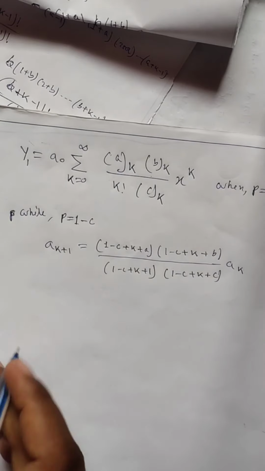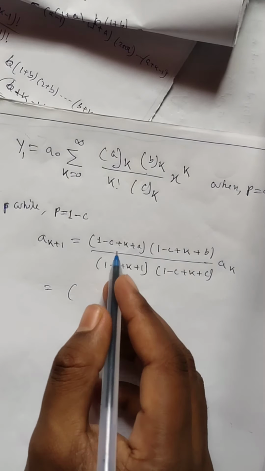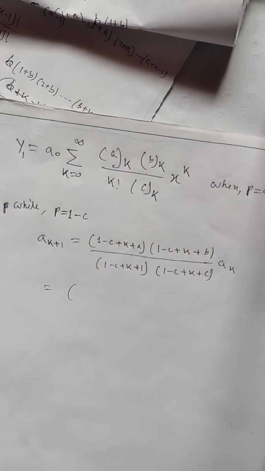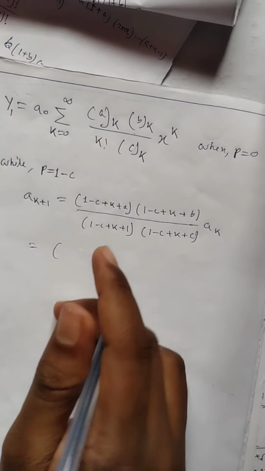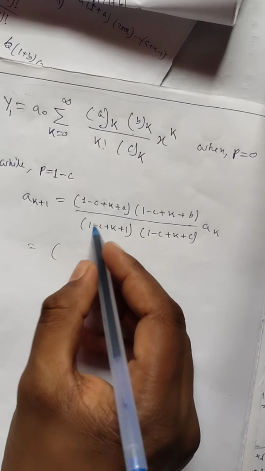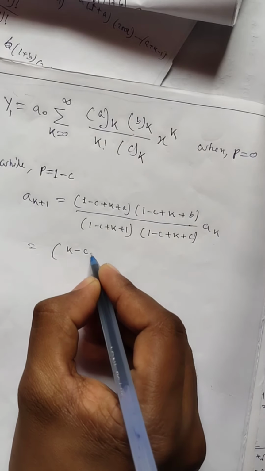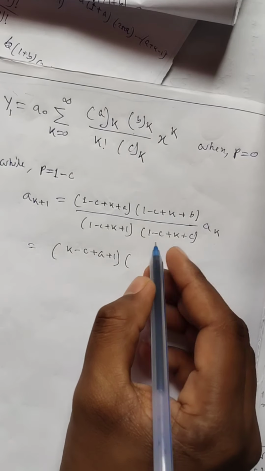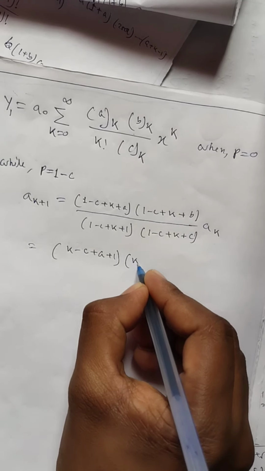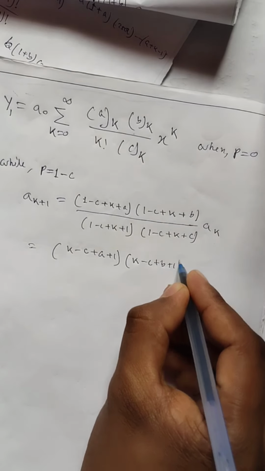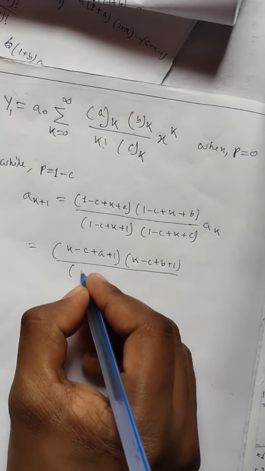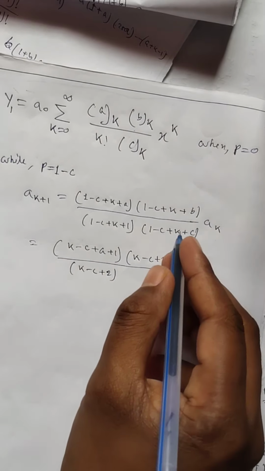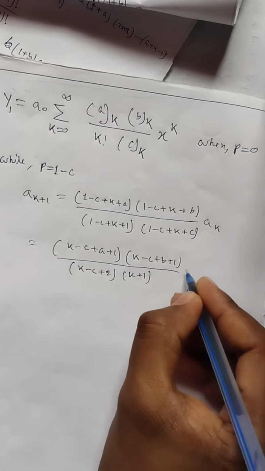So we can write this term will be k minus c plus a plus 1 and this term will be k minus c plus b plus 1 divided by k minus c plus 2 and this term will be k plus 1 into ak.